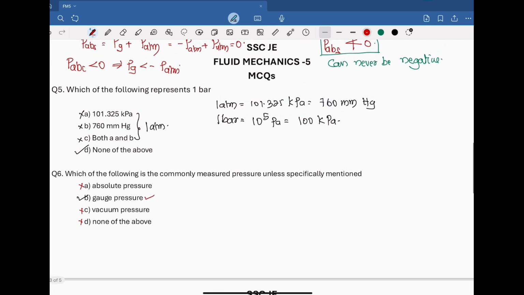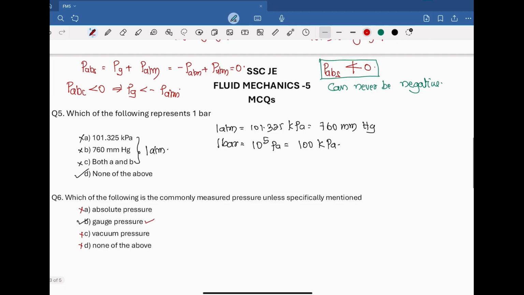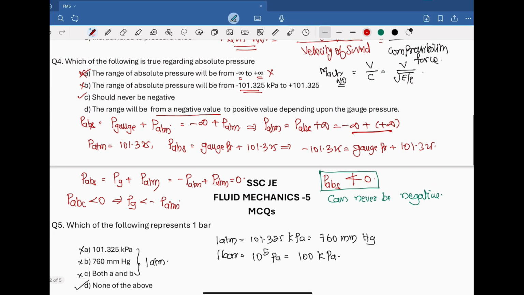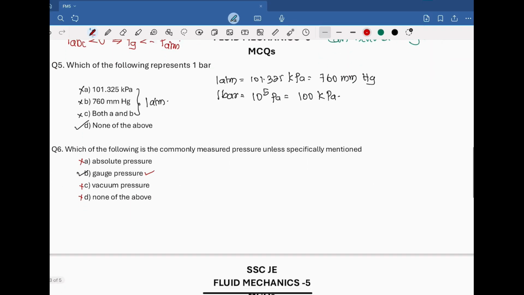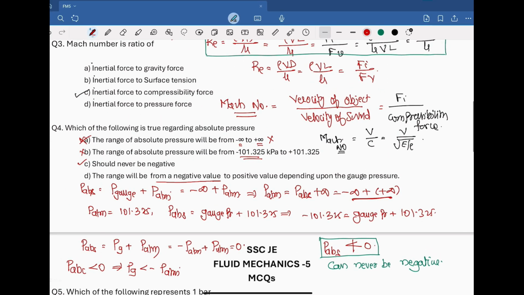If you go deep into the answers, like what is 1 bar, people will definitely make the mistake of confusing it with 1 atmosphere, and they will give the first answer or third answer, which is not good. And commonly measured pressure means people think it's absolute pressure or a vacuum pressure. No, it's a gauge pressure. And also absolute pressure can never be negative.